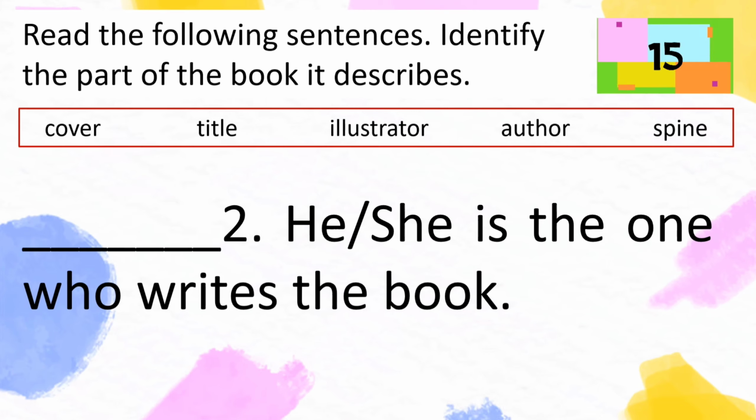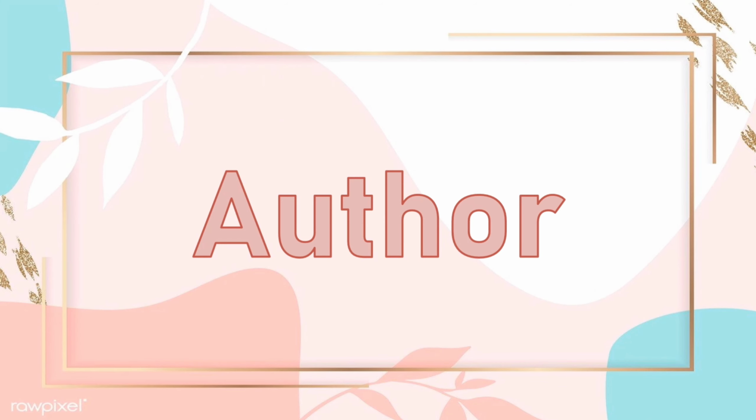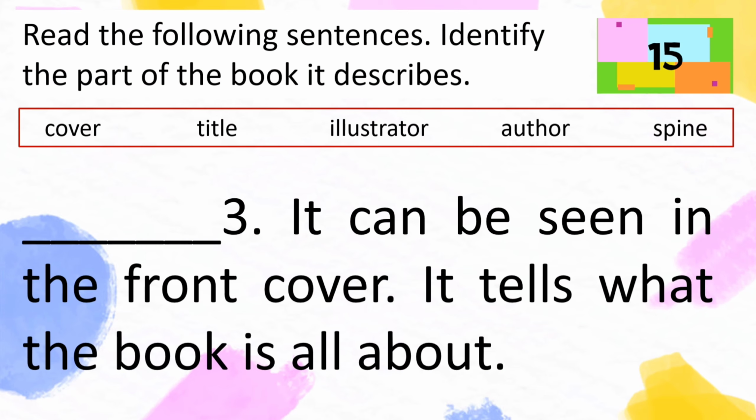Time's up! If your answer is author, then that is correct. Number 3. It can be seen in the front cover. It tells what the book is all about. Type your answer. Your timer starts now.